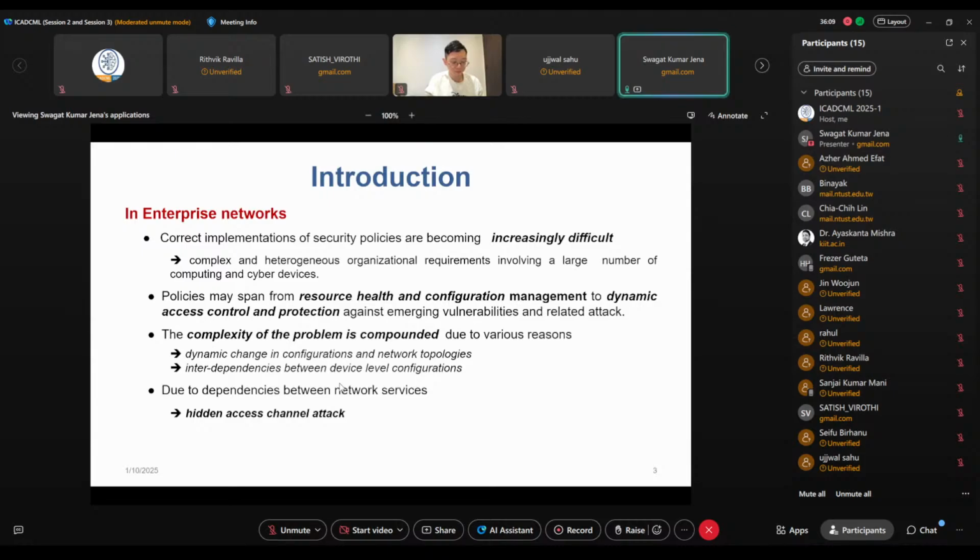These policies may span from resource health and configuration management to even access control and protection against different attacks and vulnerability.